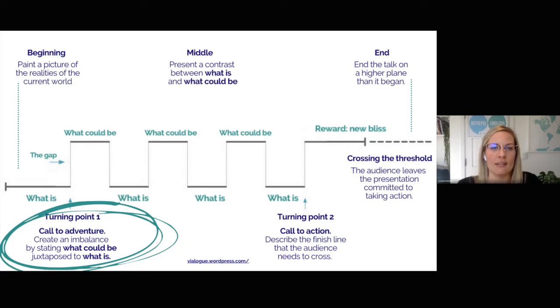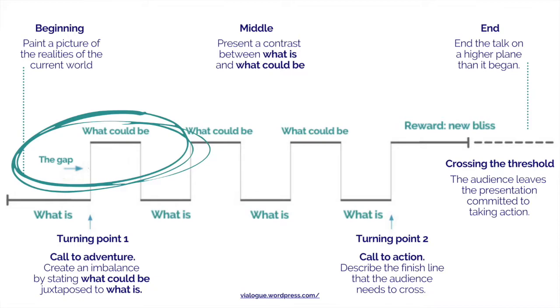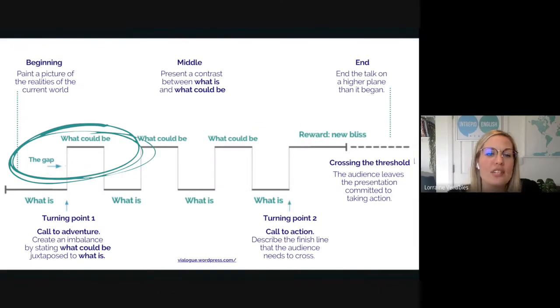And in great talks, the best orators or speech givers, presenters, they describe what could be. And that just means the future with your ideas adopted. So what could be the future if the audience is persuaded by what you say? Okay.